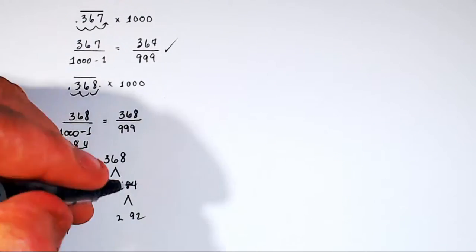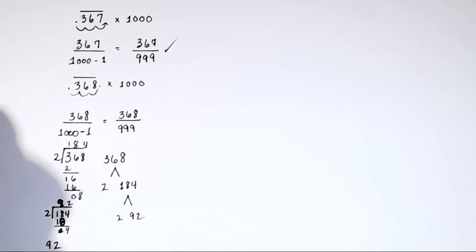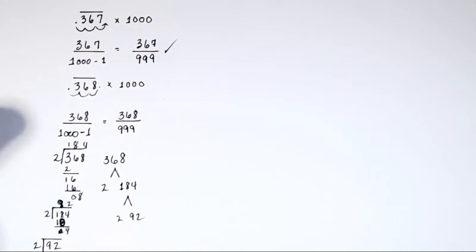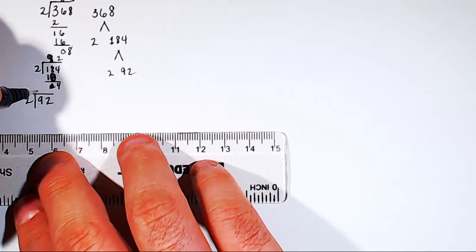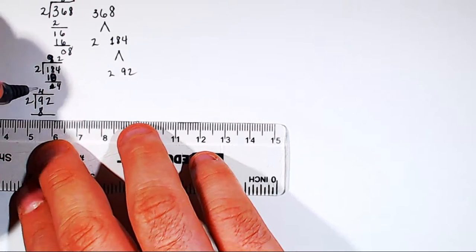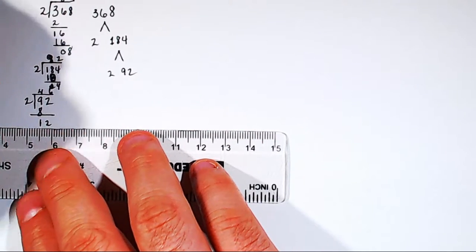Now I have 92. Well, what does 92 factor into? 92 divided by 2. Okay, 2 goes into 9 4 times. 4 times 2 is 8. 9 minus 8 is 1. Bring down the 2 for 12. 2 goes into 12 6 times.